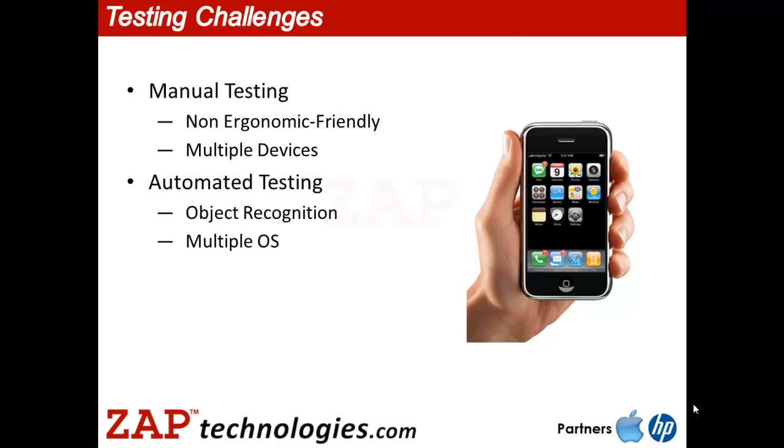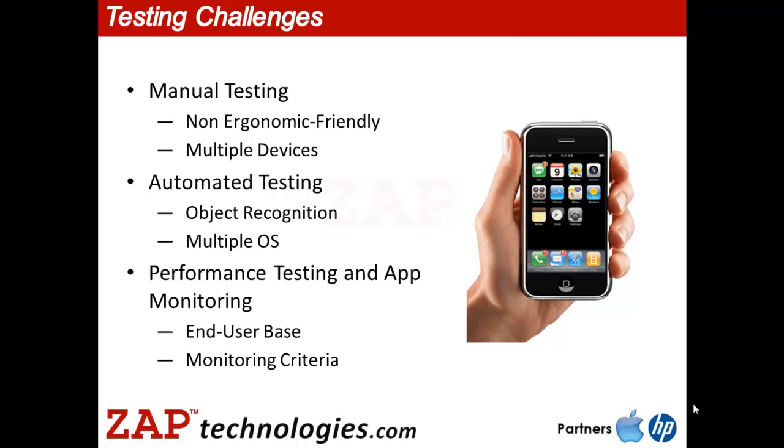In test automation, we look at object recognition challenges with multiple operating systems. And in performance testing and application monitoring, we have a diverse end user base and diverse monitoring criteria.